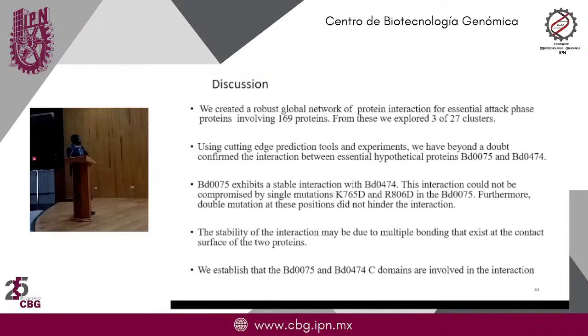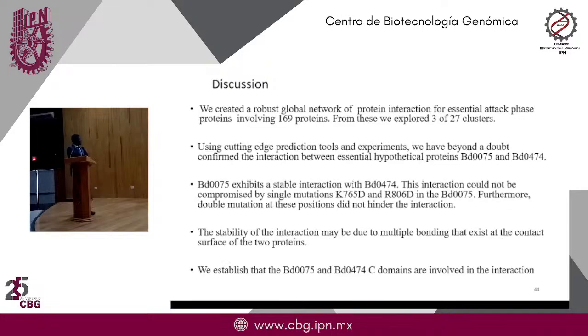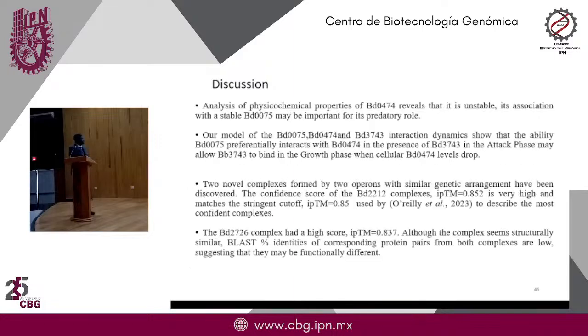The stability of the interaction may be due to multiple bonding that exists at the contact surface of the two proteins. We also established that 75 and 47C domains are involved in the interaction. An analysis of physicochemical properties shows that 474 is unstable, and it can benefit from its association with 075 and may be important for its predatory role.